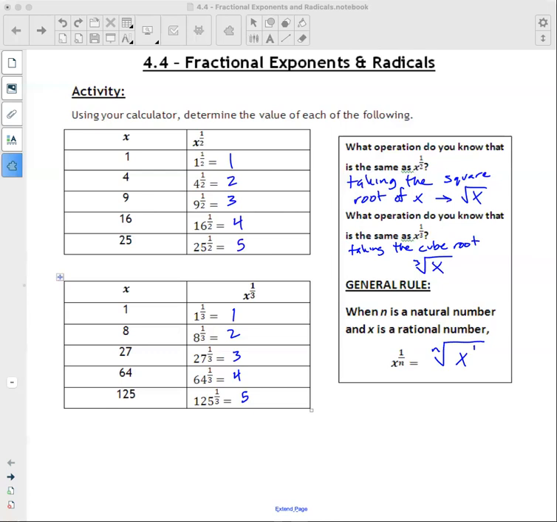So x to the exponent 1 over n can be written as a radical, taking the nth root of x to the exponent 1. Again, the denominator of the fractional exponent is the index of the radical, and the numerator of the fractional exponent is the exponent of the radicand, whatever is underneath the radical.